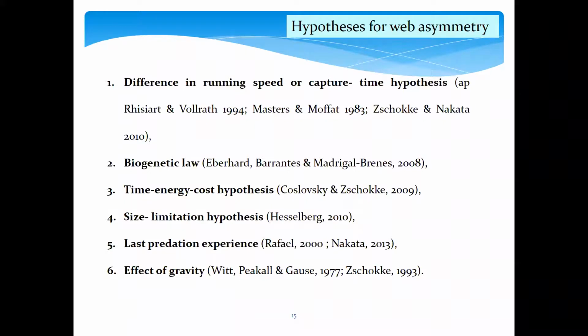So when they first start making the web, since they do not have much power to manipulate, they will first make circular webs. And then when they are exposed to different environmental conditions, different predatory pressures, different prey present in the environment, depending upon the environment, they will adjust their web size, and from symmetry, the web becomes asymmetrical.